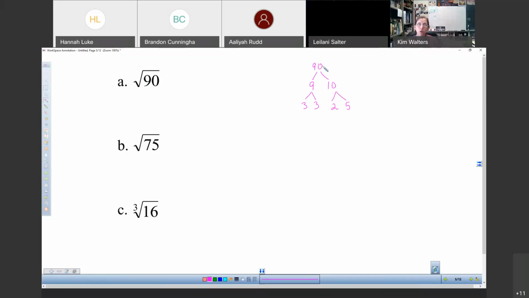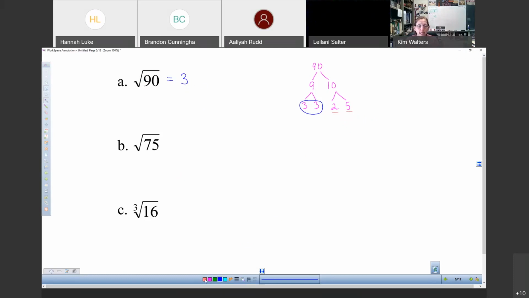Here's what we need to do. Because we're talking about a square root, I am going to look for pairs. Well, I have 2 3s. And then I have this 2 times 5 that's left, and they don't have pairs. So how I simplify this is to say, what I have pairs of comes out in front of my radical, 3.